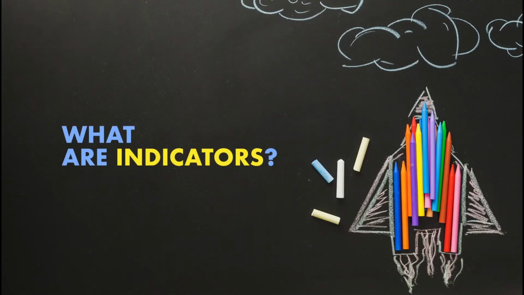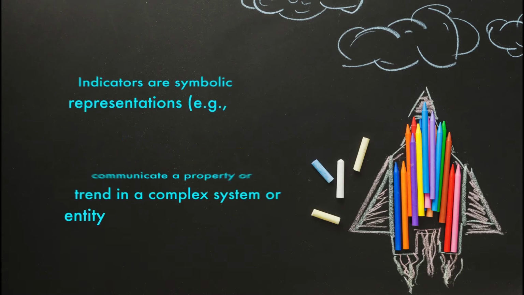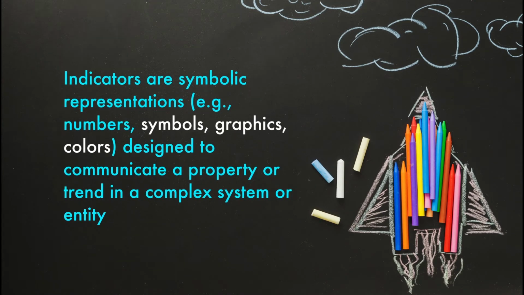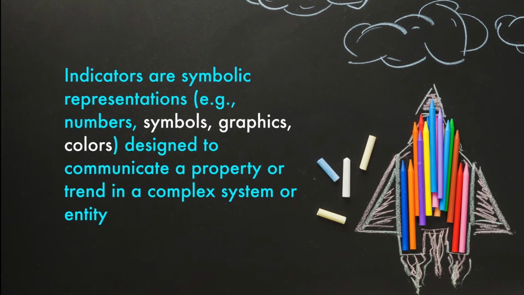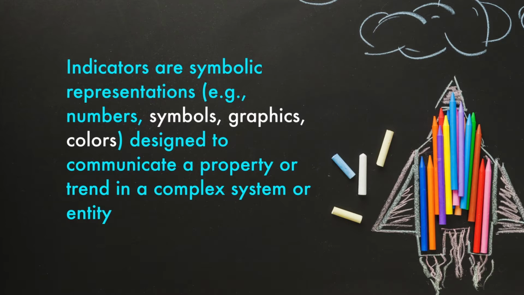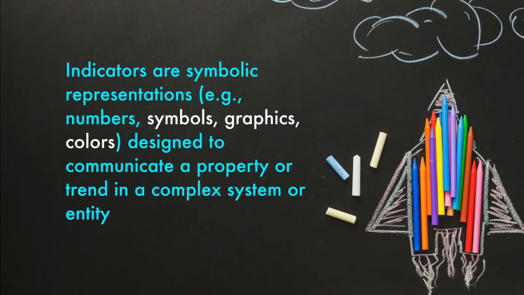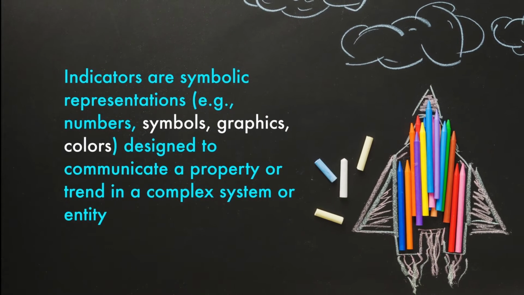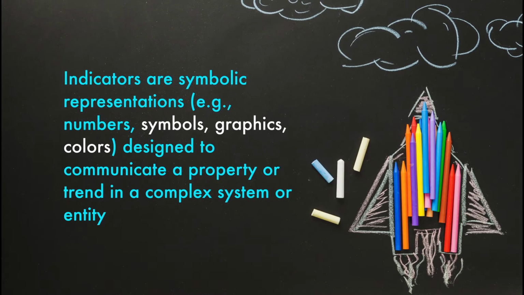Then what is an indicator, or what are indicators? Indicators are symbolic representations, for example numbers, symbols, graphics, colors, designed to communicate a property or trend in a complex system or an entity.